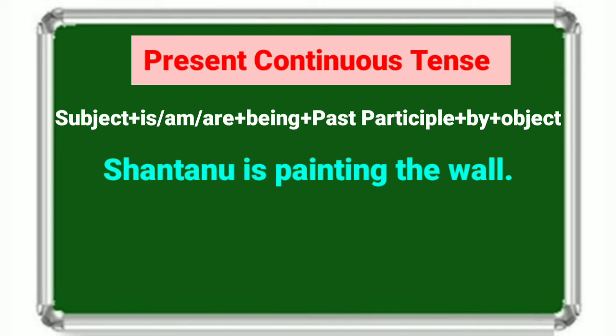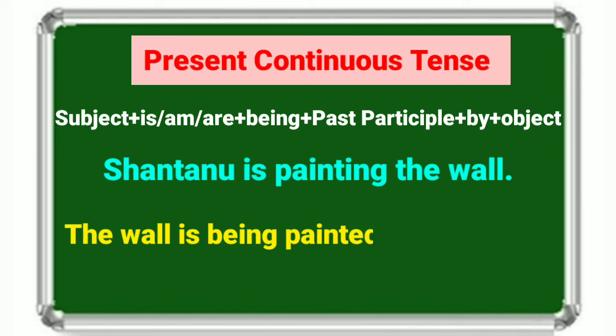Then write the preposition by. After that, the subject of active voice will come as the object of the passive voice, that is Shantanu. So here the passive voice sentence is the wall is being painted by Shantanu.